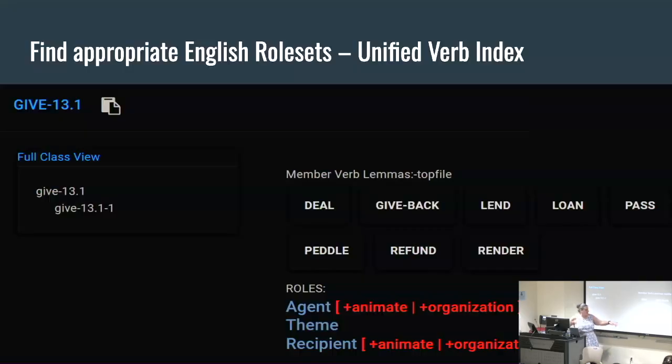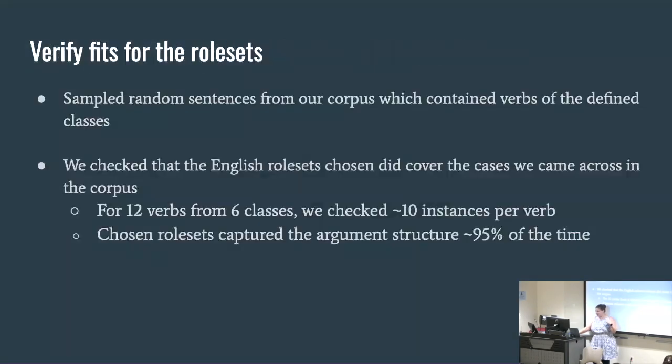So we get this role set that gives us an agent, a theme, and a patient. And the idea is we simply take this as a proxy for the Arapaho verb. It's not an approach that will get us role sets for all of the verb stems, but for actually a fairly large percentage.